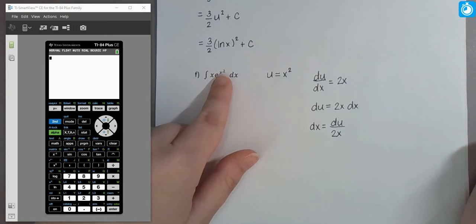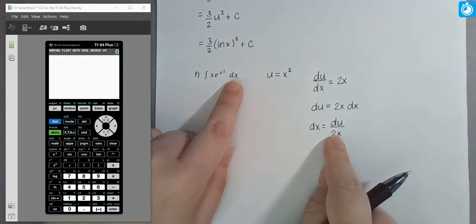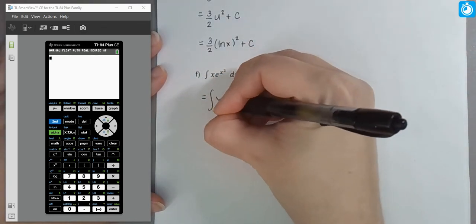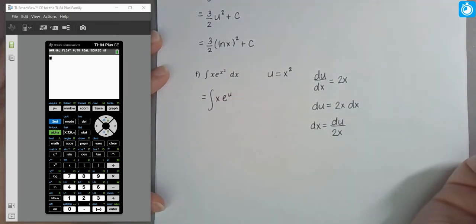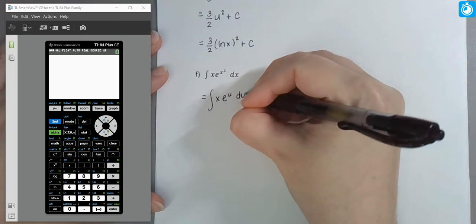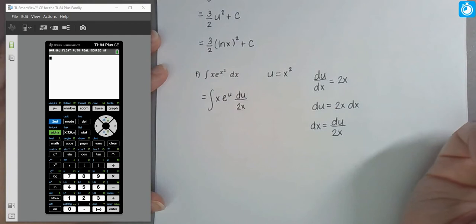Okay, so we can replace our exponent with the variable u, and then we can also substitute dx. So we have the antiderivative of x still left over times e to the u, and then dx is now du over 2x.